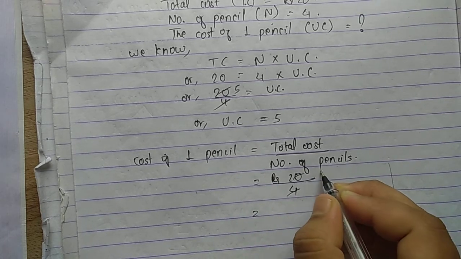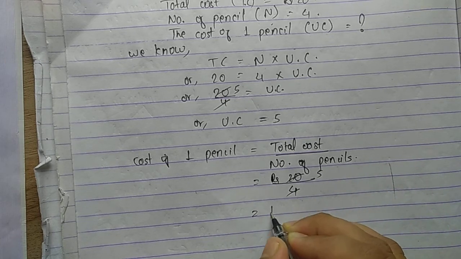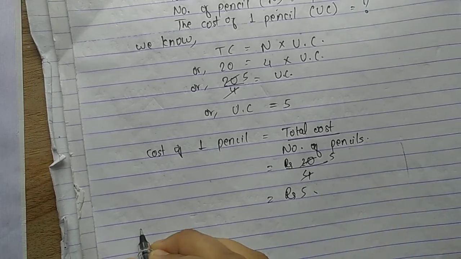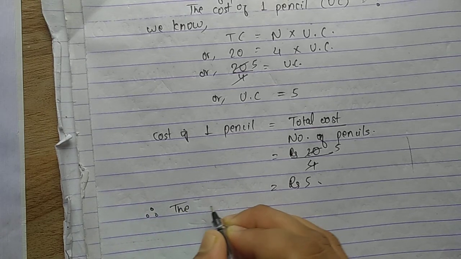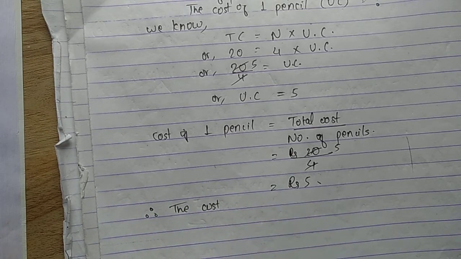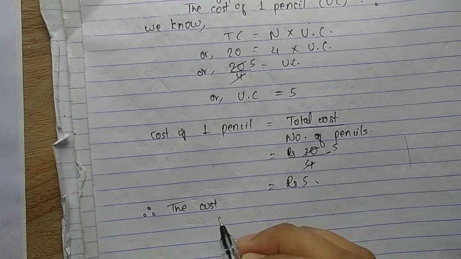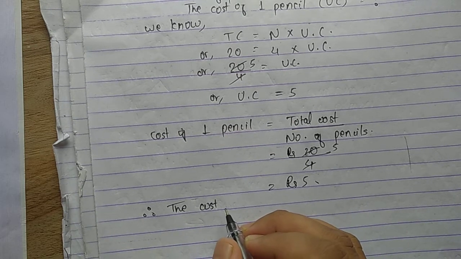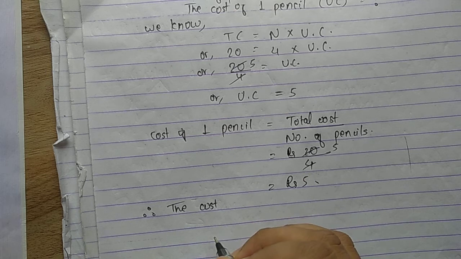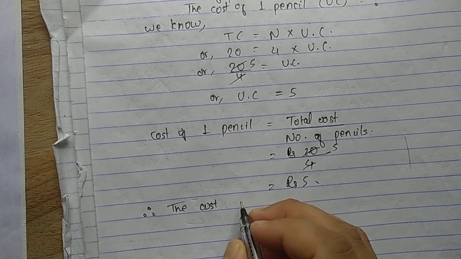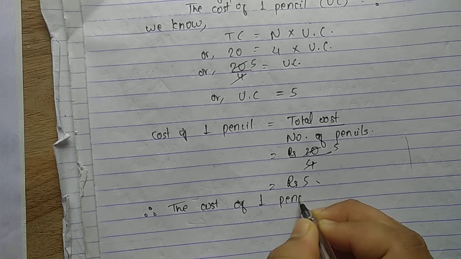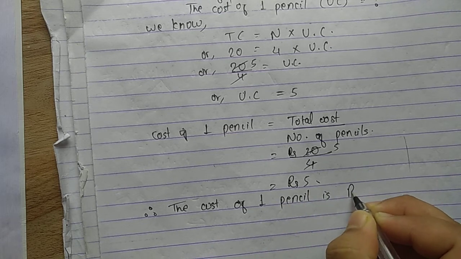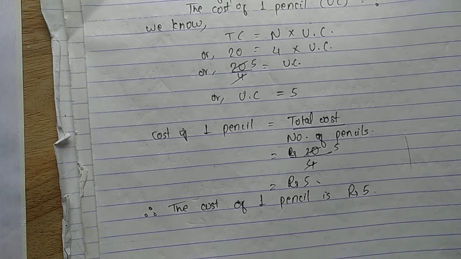So 4 5s 20, and rupees 5. And hence in the conclusion you have to write, therefore the cost of, this one is very much important, that you have to write the conclusion of the question. You have to write in the answer, otherwise your marks will be deducted. So the cost of one pencil is rupees 5, only this much.